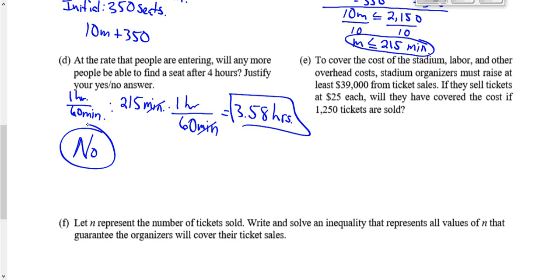So $25 for one ticket, or one ticket over $25. So let's convert our 1,250 tickets, TKS we'll call it. What do you want to multiply by? $25 over one ticket or one ticket over $25?